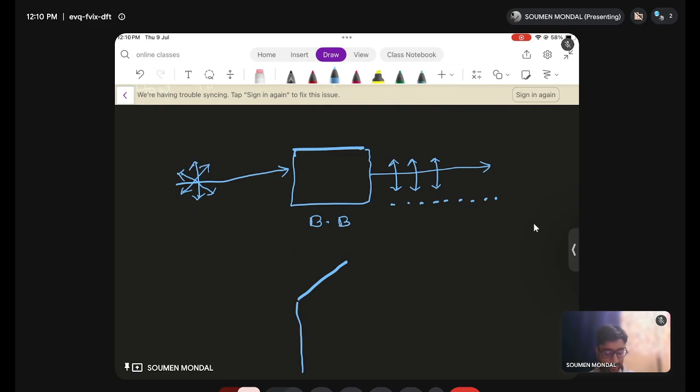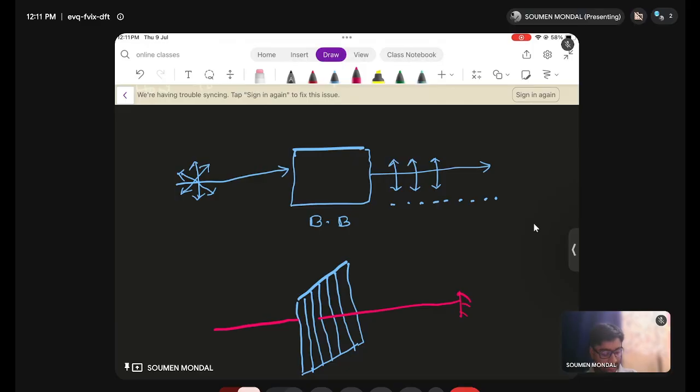So you can think first, this black box is a fence. Now there are rods aligned uniformly, closely spaced. Now we put a string through it, and this side we attach, and this side we are creating vibration.